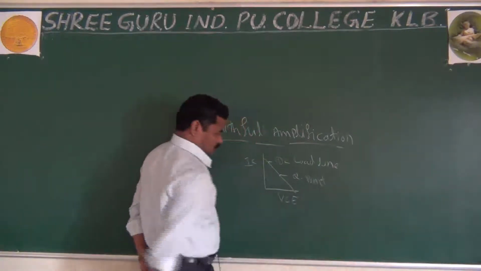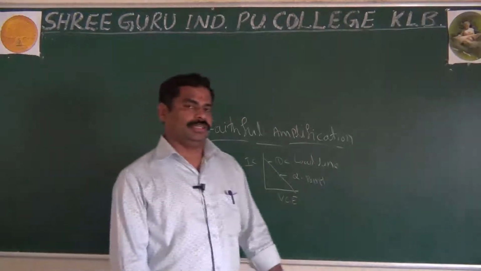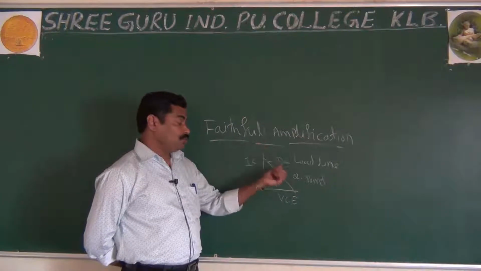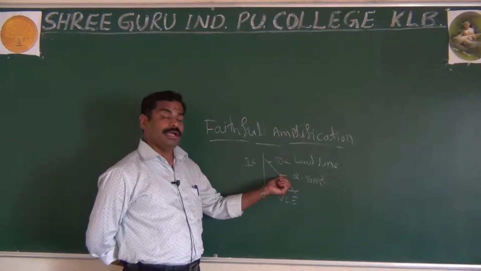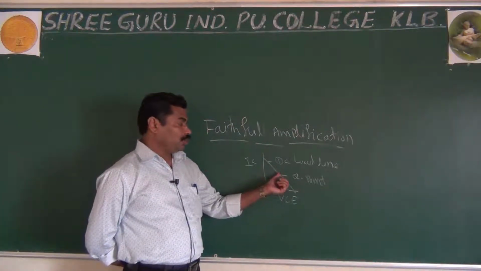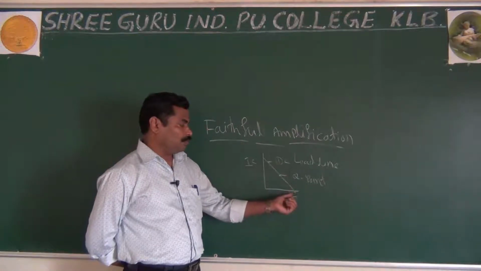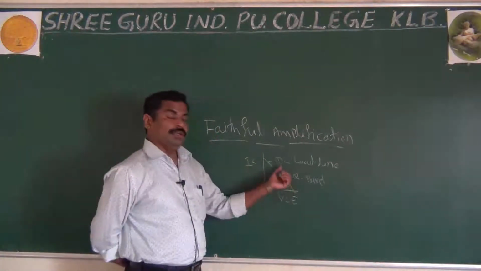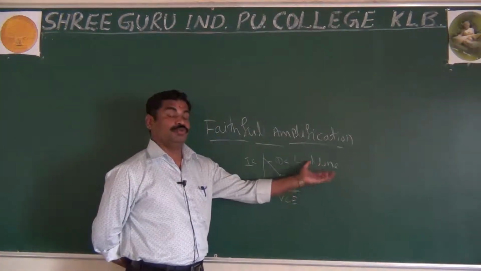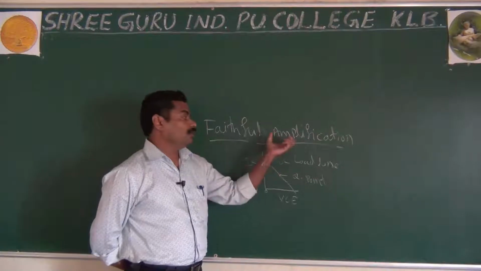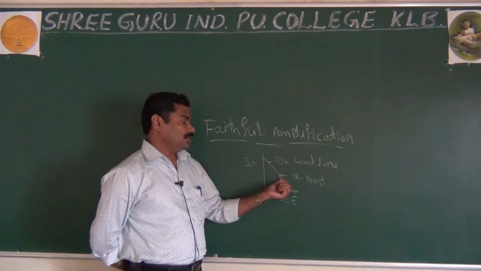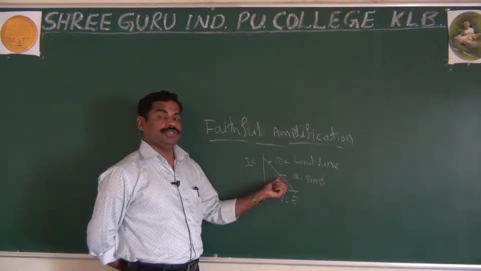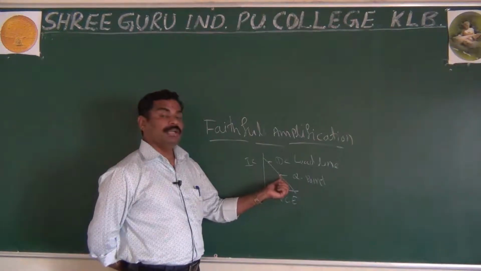The important thing for faithful amplification is that you give more importance to the Q point. Always the Q point should be in the middle of the active region. If the Q point shifts towards saturation or towards cutoff, you do not get the correct output. The output will be distorted. The condition is that the Q point should always be in the middle of the active region.